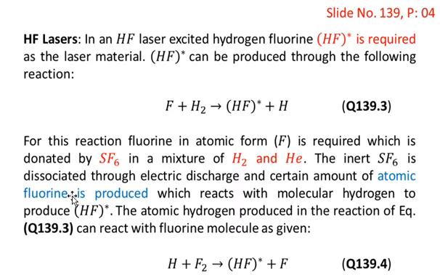SF6 is dissociated through the electric discharge, and a certain amount of atomic fluorine is produced, which reacts with the molecular hydrogen to produce the HF molecule in the excited form, that is HF star.